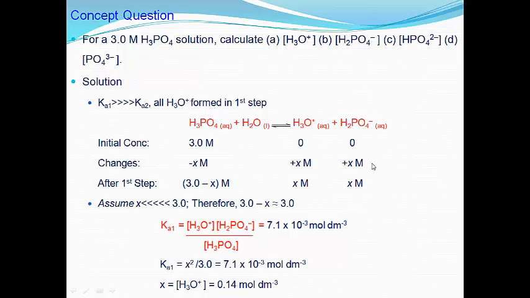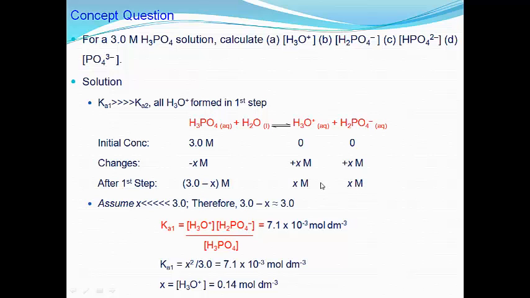Now, what is the concentration after the step has been completed? That is essentially equal to the difference between the initial and what has changed. And so after the first step, the concentration of H3PO4 is equal to 3 minus x molar, and for H3O+ it is x, and H2PO4- is x.